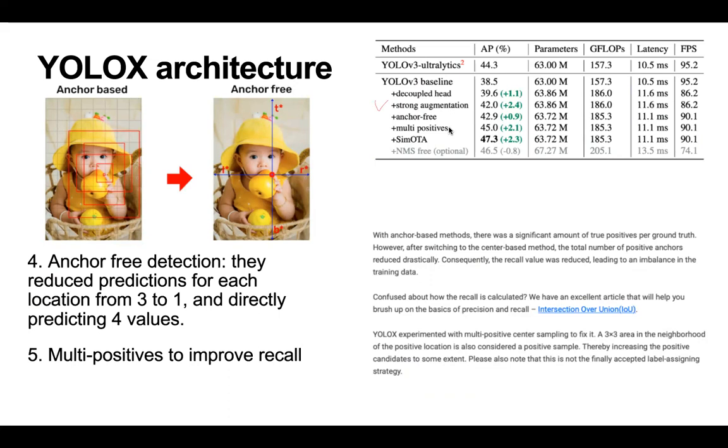The next contribution and change that they made is that they applied anchor-free detection. So basically in YOLOv3 to YOLOv5, in anchor-based detection, for each location authors predict 3 values: IoU score, classification score, and 4 bounding box coordinates, while in the anchor-free detection of YOLOX, they directly predict 4 values.